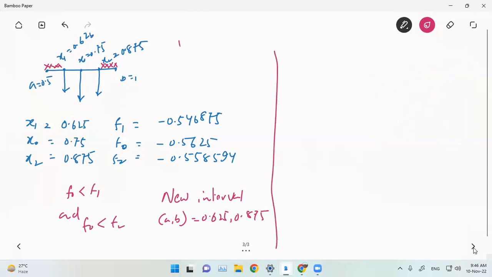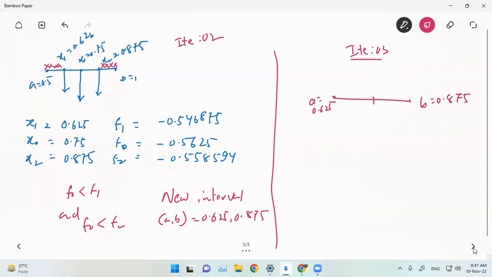So this is your iteration 02 and iteration 03. The A value is 0.625, the B value is 0.875.